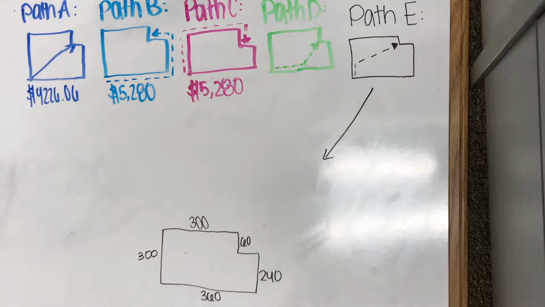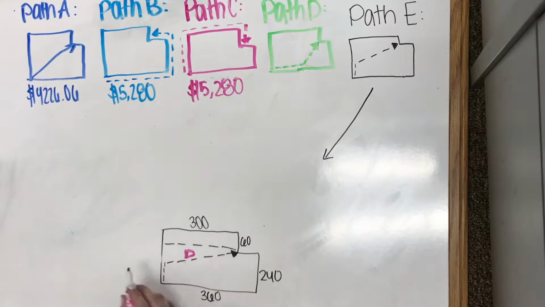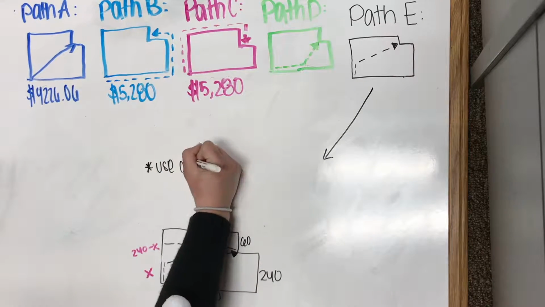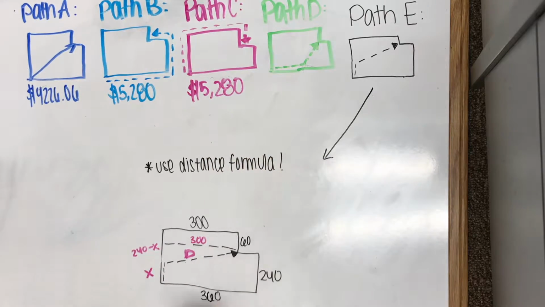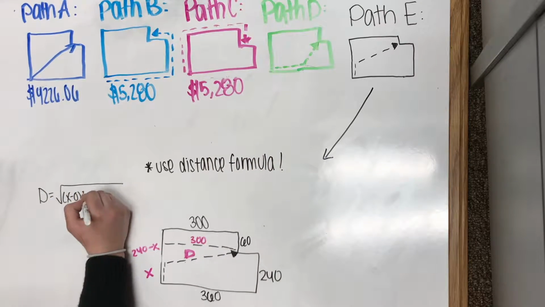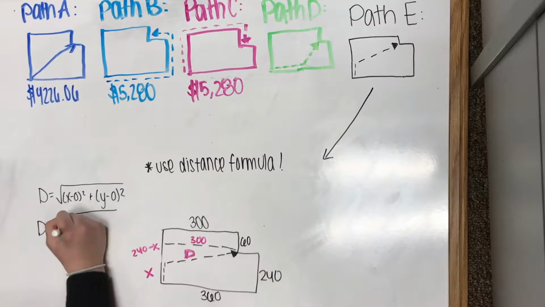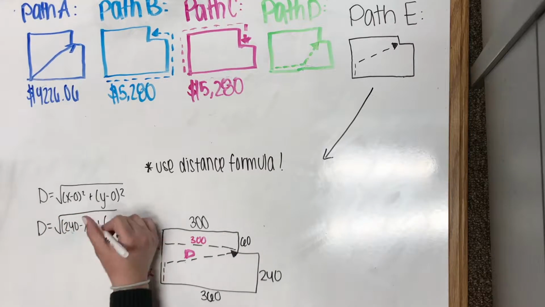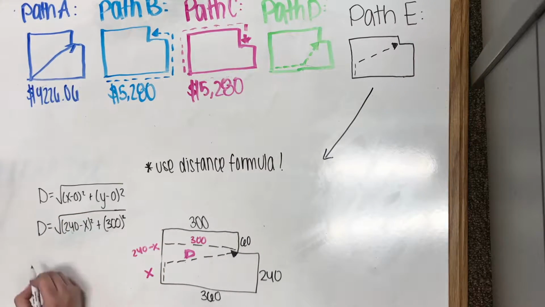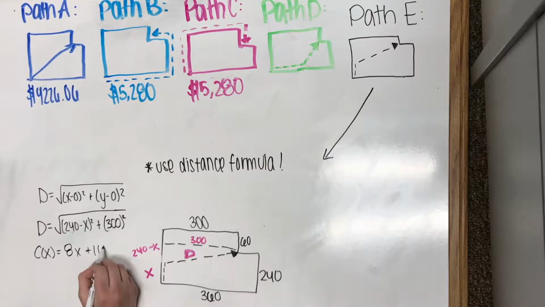For path E, we took the same approach. We used our function c of x to determine our cost, and we used the distance formula as well. A little reminder that c of x is 8x plus 11d. As you can see, the diagonal that crosses through the parking lot is d. The measurement in between x and d is 240 minus x, and then what goes straight across is 300, right above d.